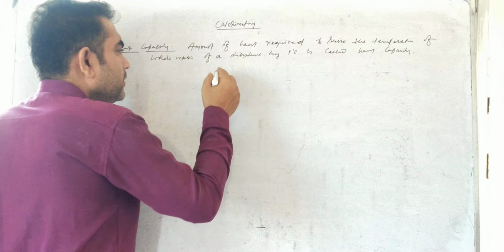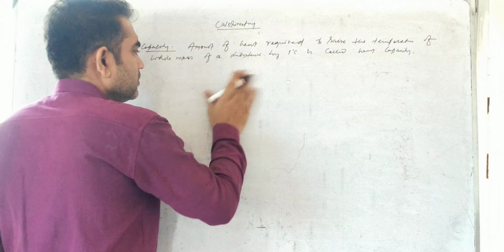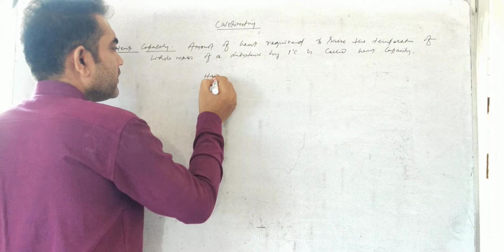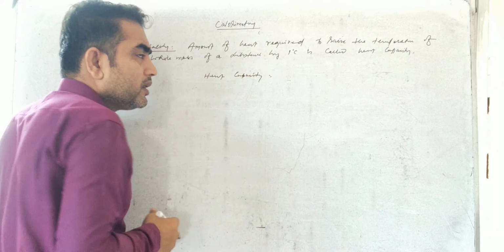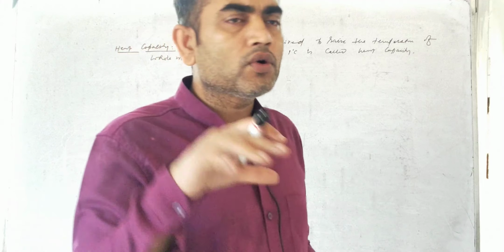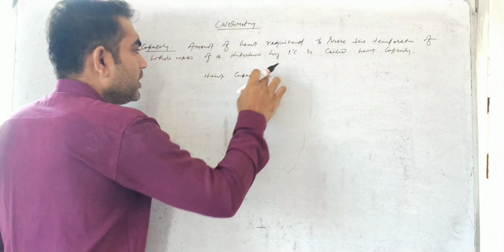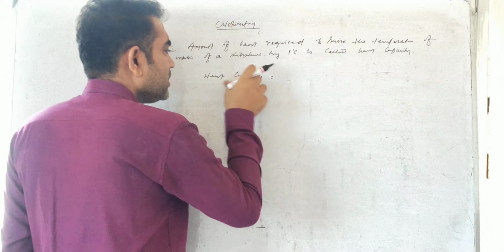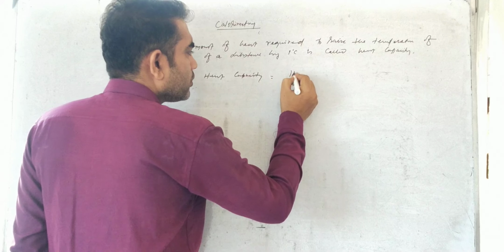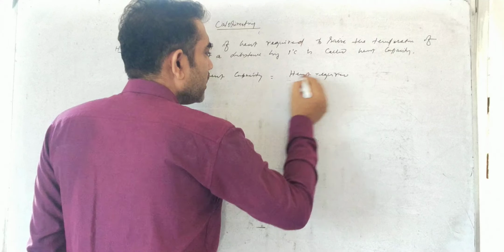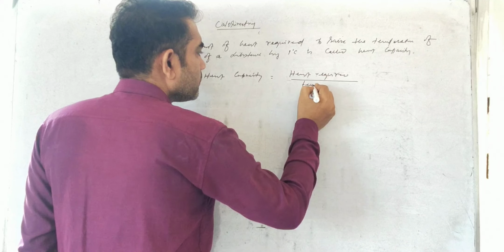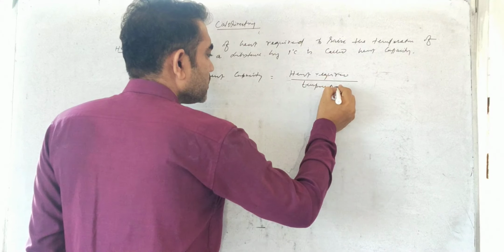Now, if mathematically heat capacity is to be expressed, how can we express it? Heat capacity is simply heat required divided by temperature.